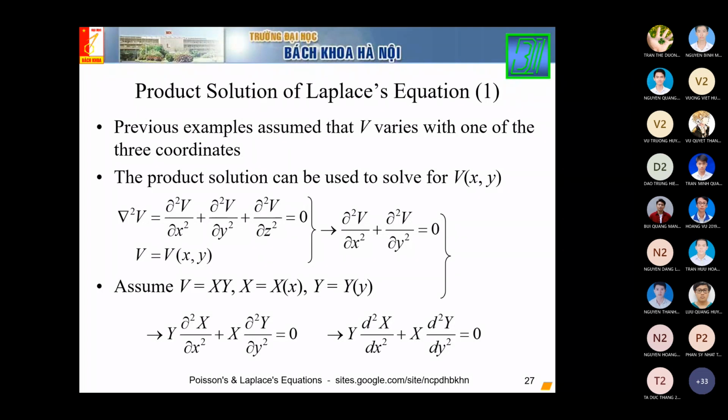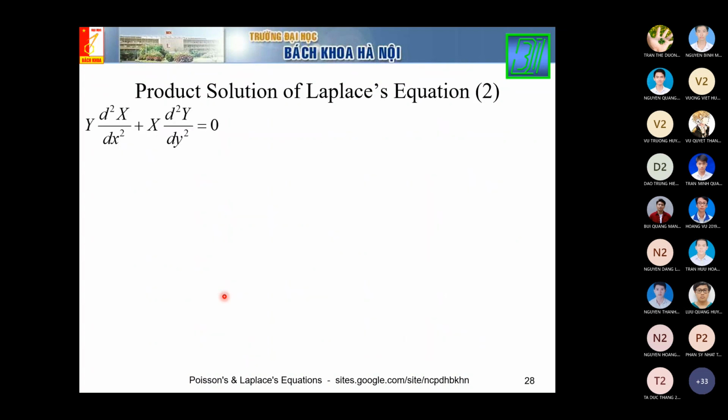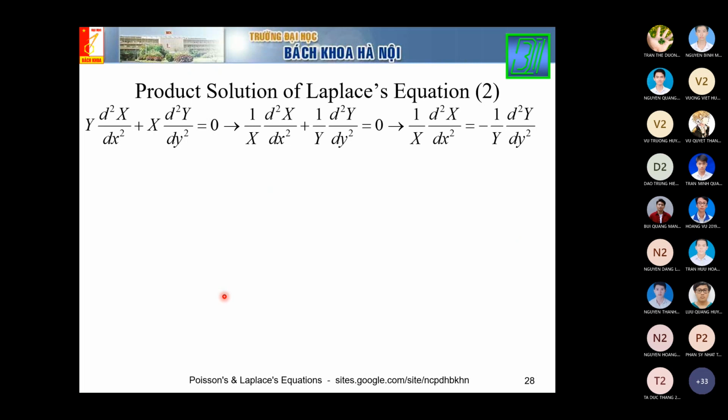Any idea for this page, guys? Okay, what can we do with this? We can transform this one into this, very simple.